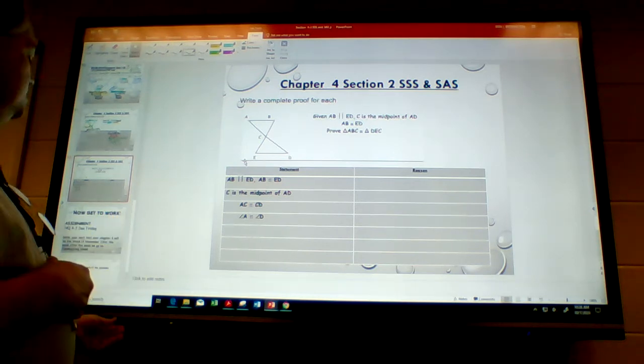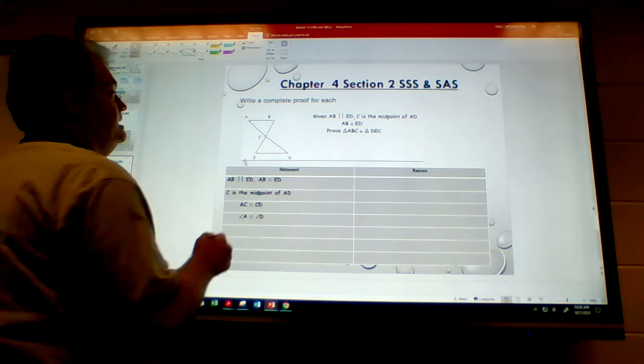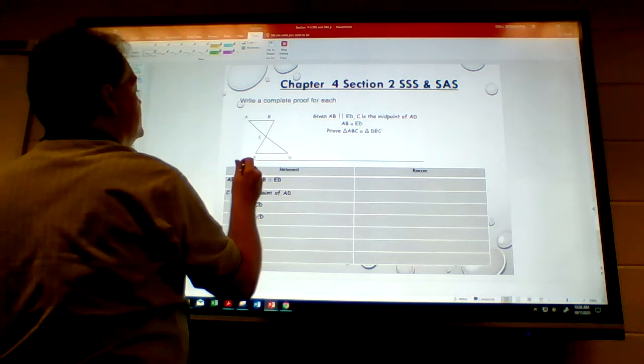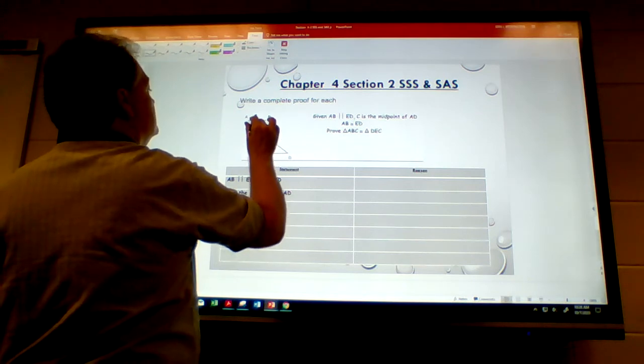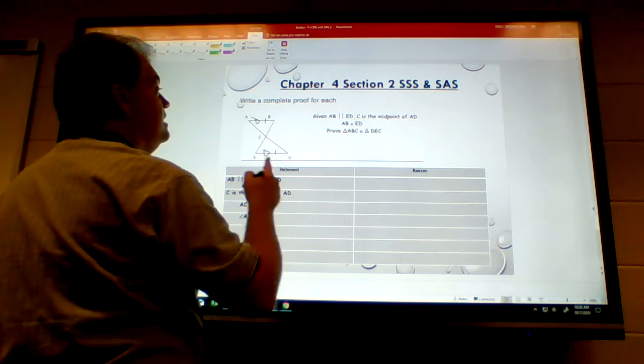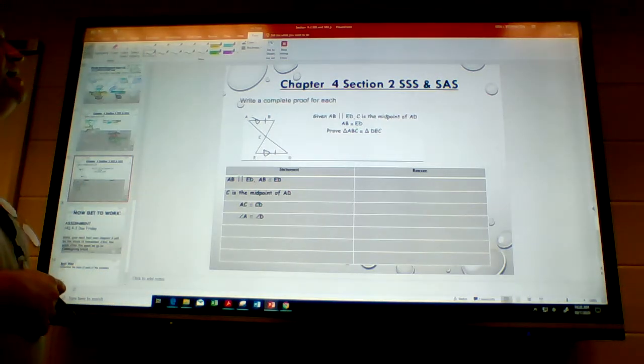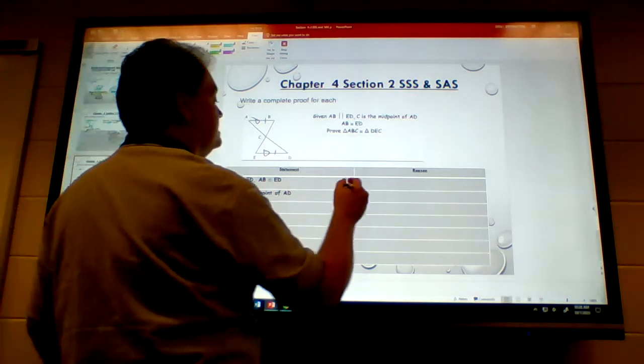All right, so we're given that AB is parallel to ED, and AB is congruent to ED. So I'm going to go ahead and mark those two as parallel and congruent. All right, it also says that C is the midpoint of AD, and it says that AB is congruent to ED, which I already stated. So these two are given.